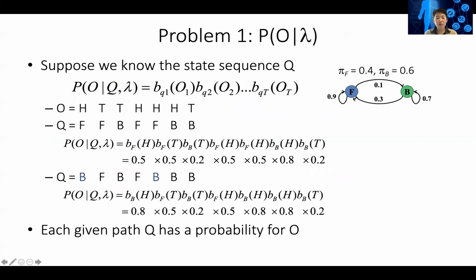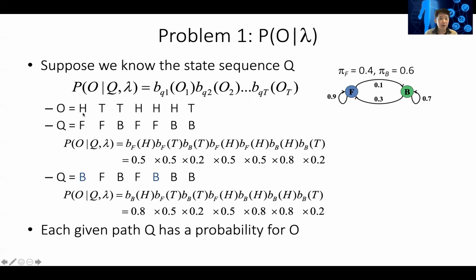So let me remind you again of the initial probability and transition probability of this hidden Markov model. Supposedly, we know the state sequence. If the observation is this, and if we know that the coins used underneath each coin flip are the following, fair, fair, bias, and so on, we can easily calculate this based on the emission probability.